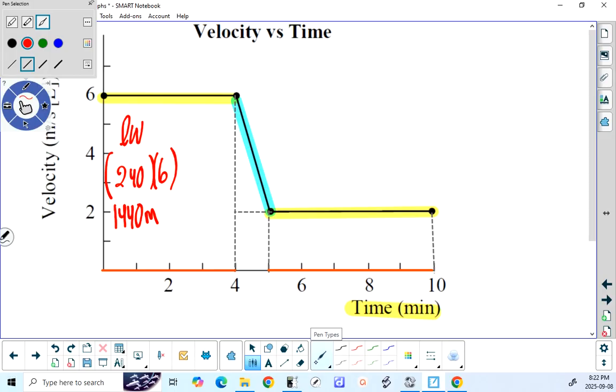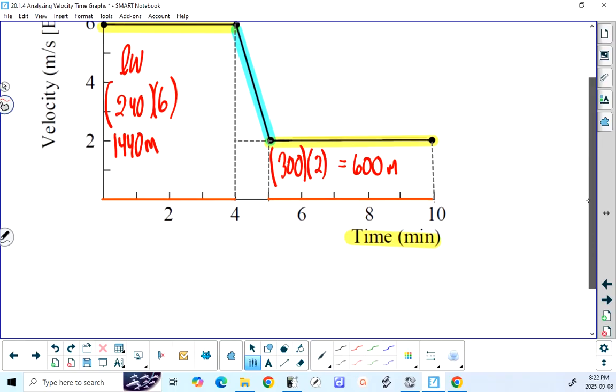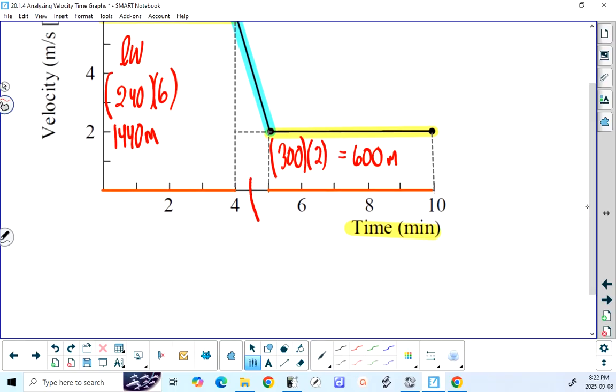So it's going to be 300 multiplied by the height, which is 2 meters per second. So I'm getting 600 meters here. If we do the same thing for the rectangle at the bottom, it's 1 minute, which is 60 seconds, multiplied by the height, which is 2 meters per second, which gives us 120 meters.